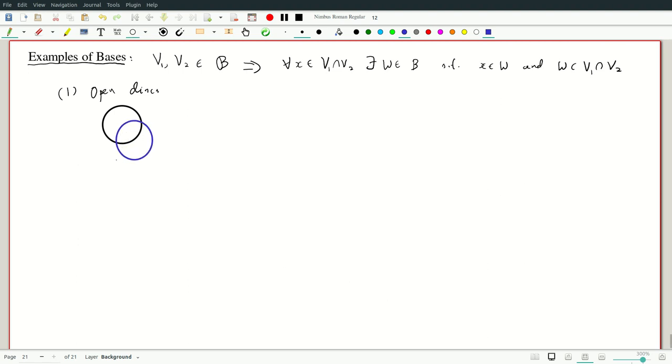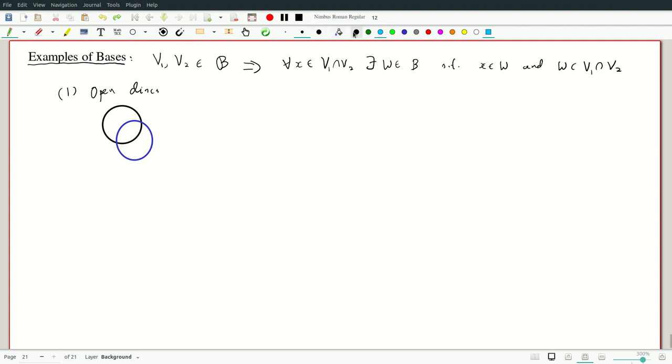If it doesn't intersect at all, nothing to verify. Then given any point in it, maybe it's somewhere here, it may not be in the middle at all, we can find yet another open disk. Let's redraw the point, which was actually a circle by mistake.